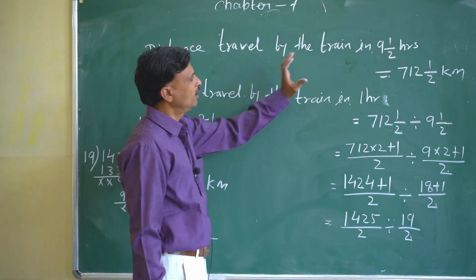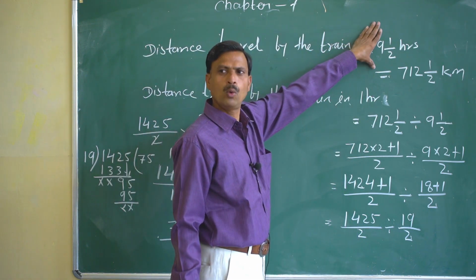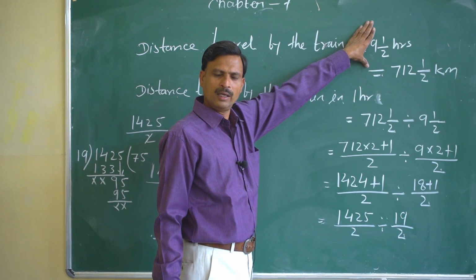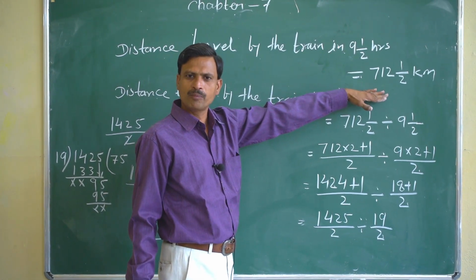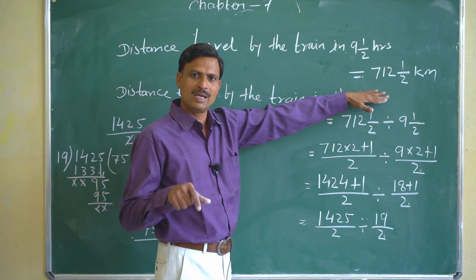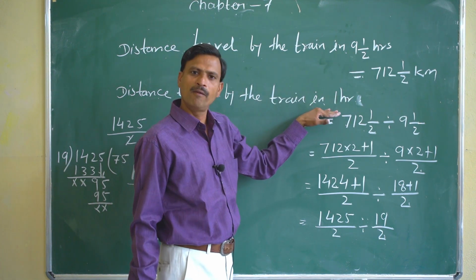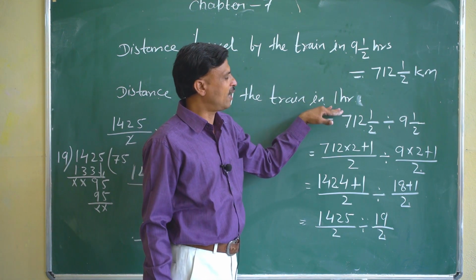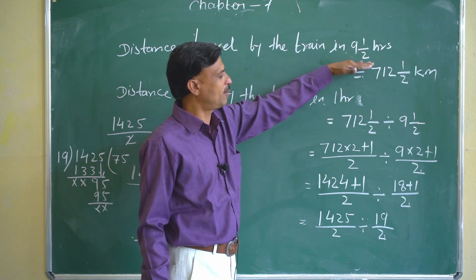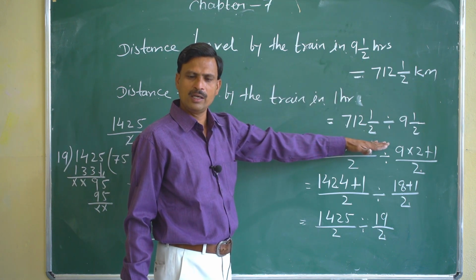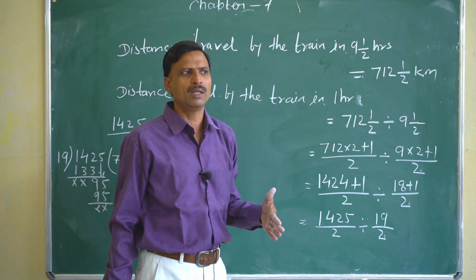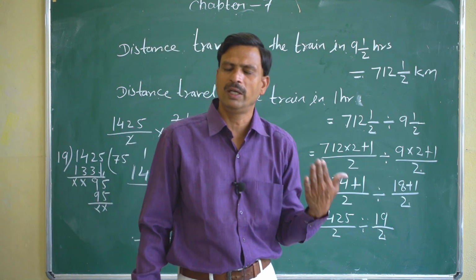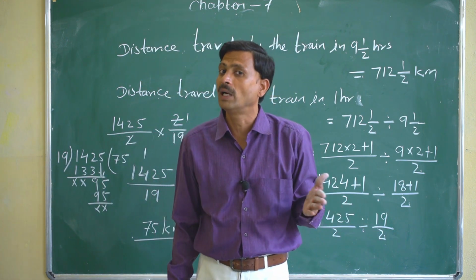Here the question was given for the more quantity, 9.5 hours distance traveled, and we have calculated for the less quantity, that is for 1 hour. So what we have done? We have divided the quantity by the hours.